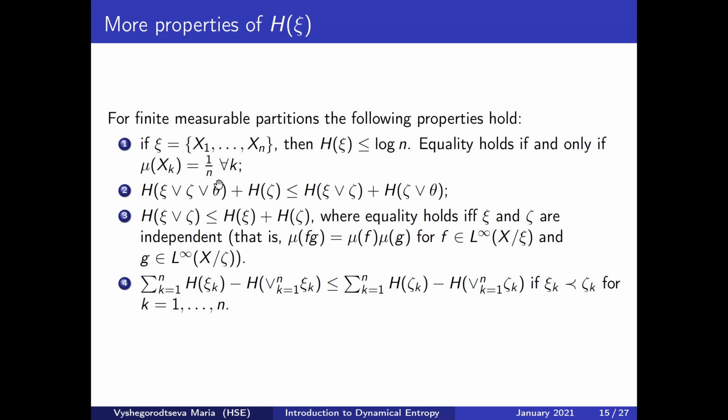So the condition is that we have another partition, sorry, not entropy, partition. We can write another partition, but this partition is trivial and it consists just of x, one element x.